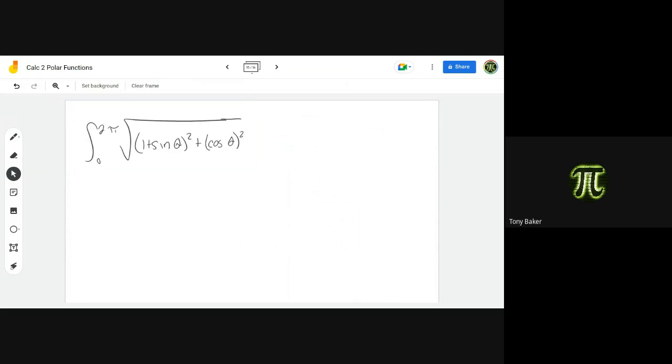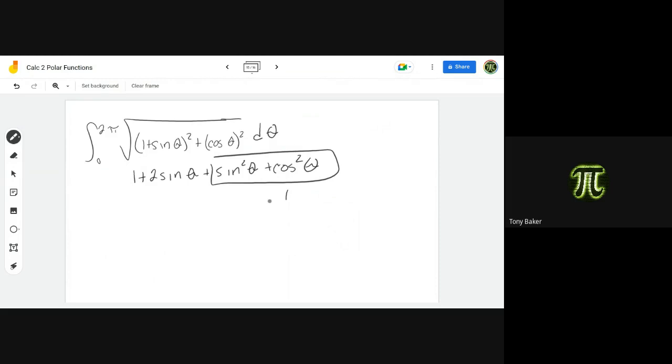All right, let's do it out and see what we get. I've got 1 plus 2 sine theta plus sine squared theta plus cosine squared theta. That's just 1. So I have my integral from 0 to 2 pi of the square root of 2 plus 2 sine theta d theta.